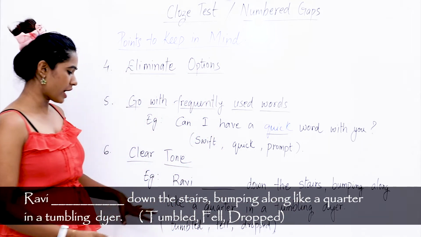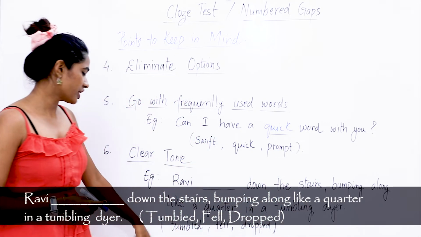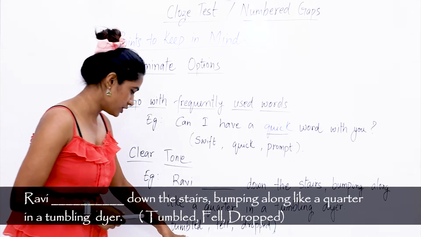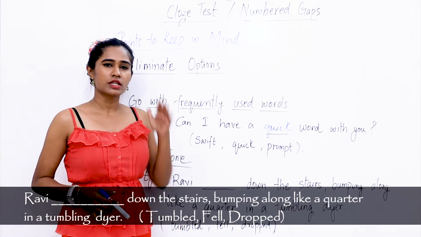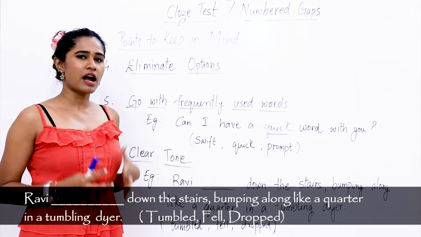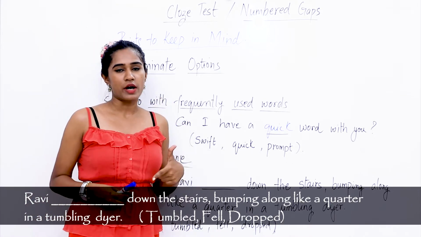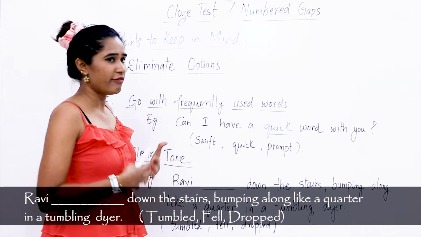Here the given options are tumbled, fell, dropped. When you are reading the passage, some sound or tone comes into our head, right? Do you say I just fell down the stairs?